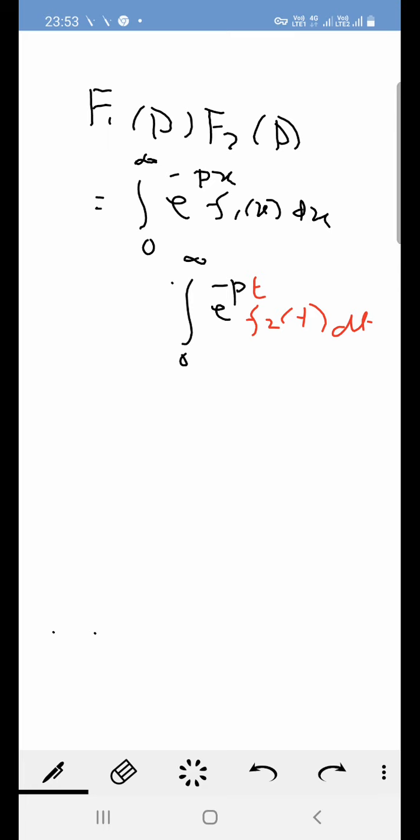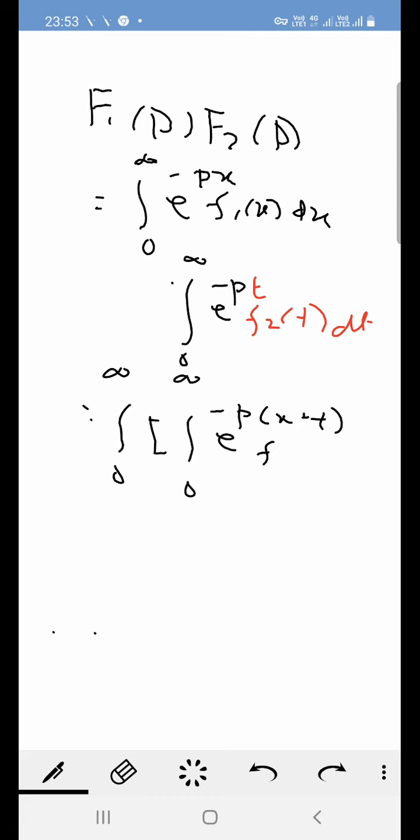So this now is equal to the integral from 0 to infinity and again 0 to infinity of e to the power minus p times x plus t, f1x dx, this is for integration over dx, so this one closes, into f2t integration over dt.